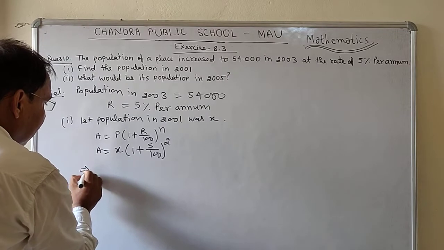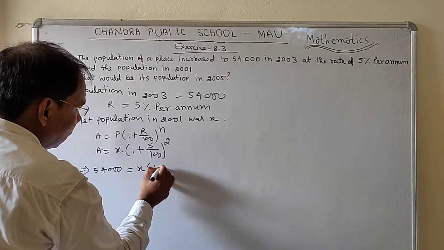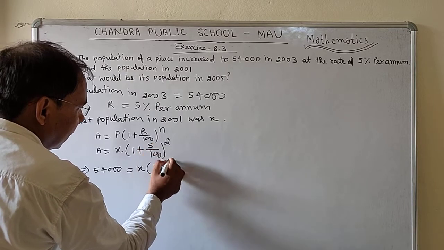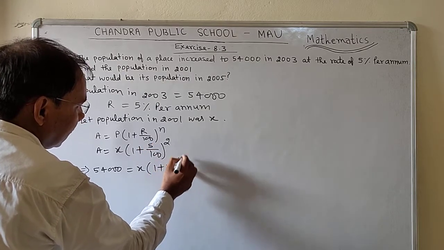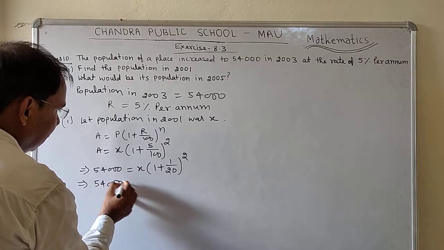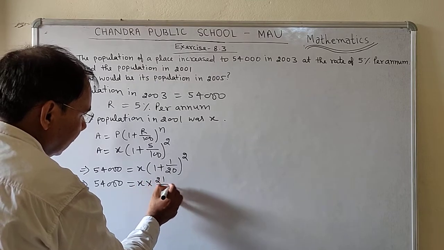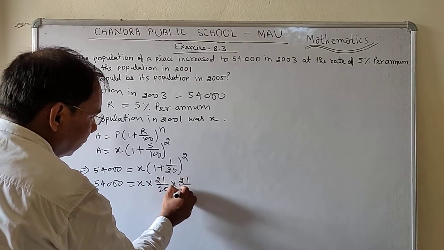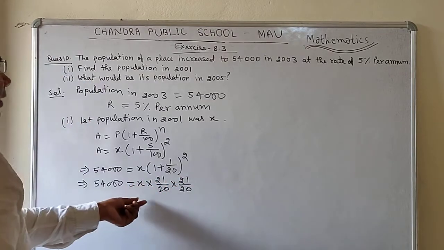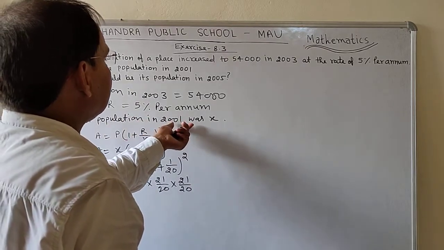So it can be written as 54,000 equal to X into (1 plus 5 upon 100) to the power 2. Here 5 will cancel, 5 into 20 is 100, so it can be written as 54,000 equal to X into 21 upon 20 into 21 upon 20. So you need to find the value of X. X will be the population of that place in 2001.